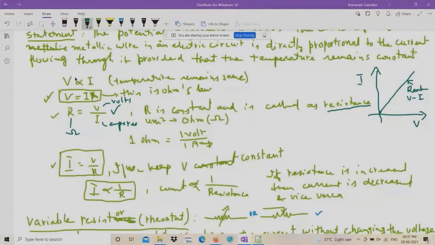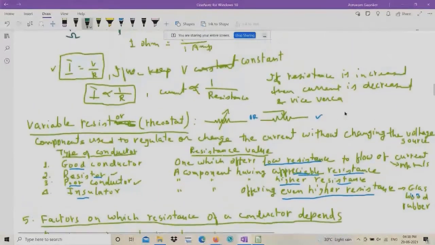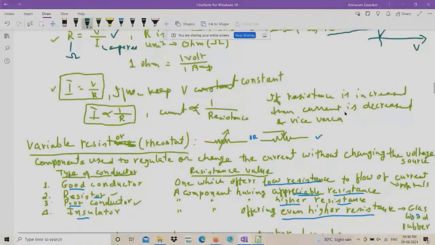So if you have followed these formulas and they are interrelated to each other, you have to only remember V is equal to IR. Next part, this theory you can expect in the examination. Variable resistor, this is a symbol that we have already seen.